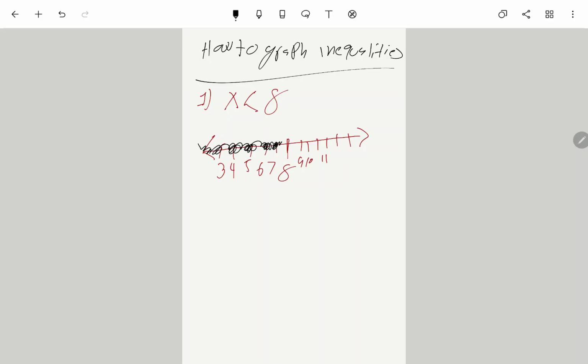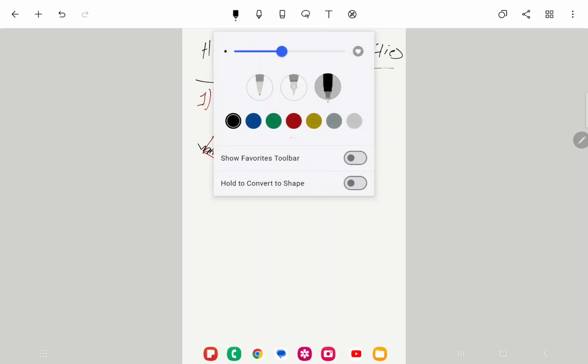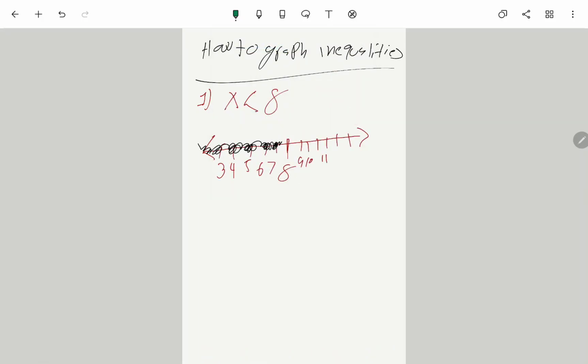Now, remember, we need to put an open circle here because it's less than. You need to put an open circle on your 8, then infinite numbers, right?